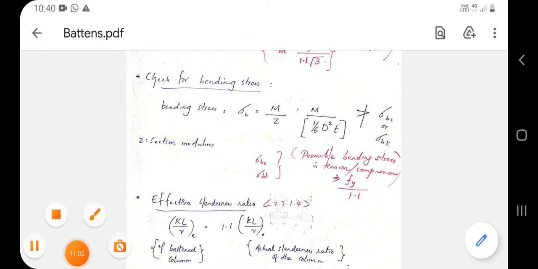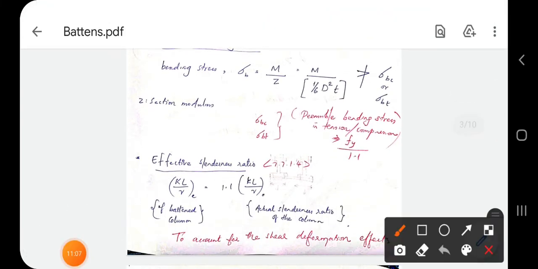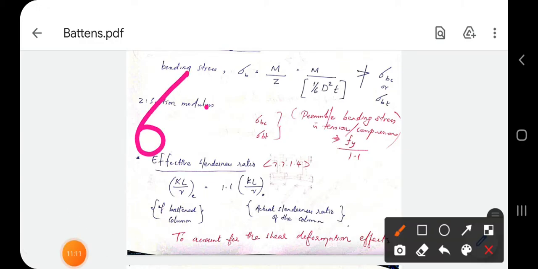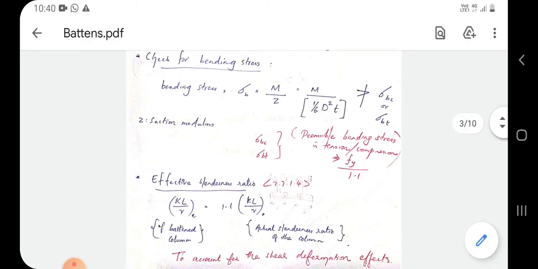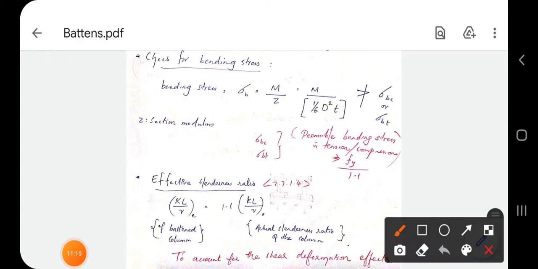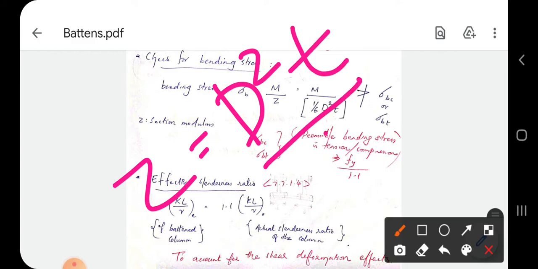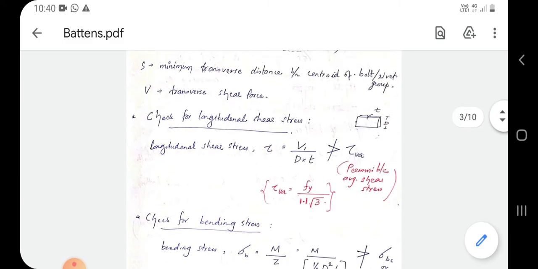Therefore sigma is equal to M by Z. So for bending stress, Z is equal to d square into T by 6 for this rectangular section.